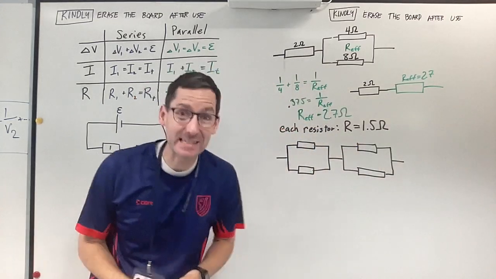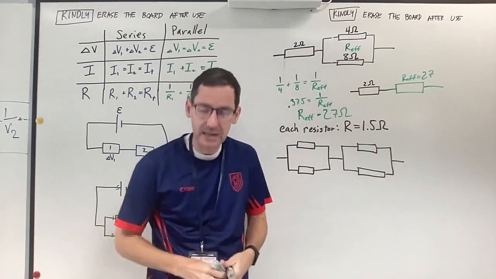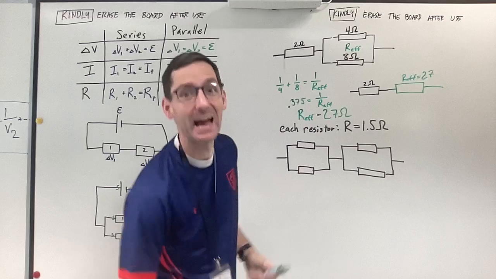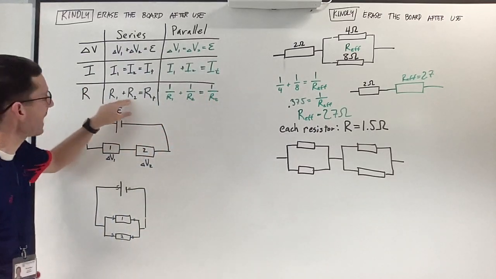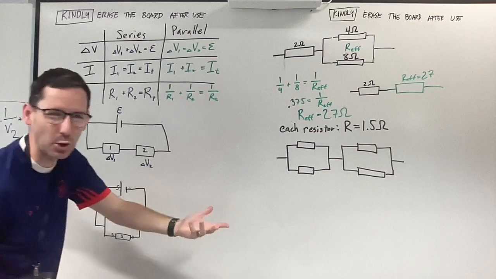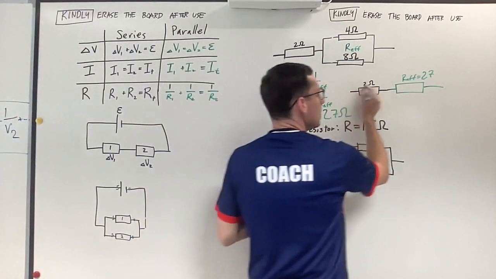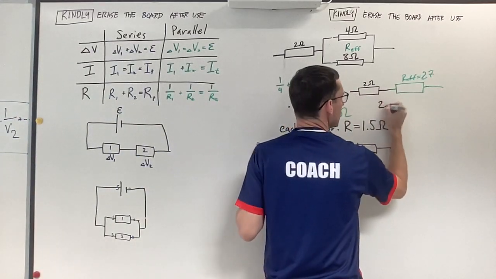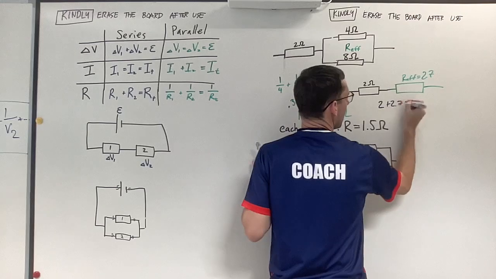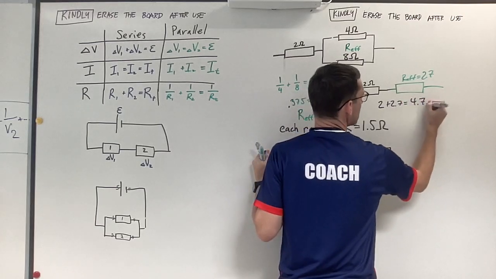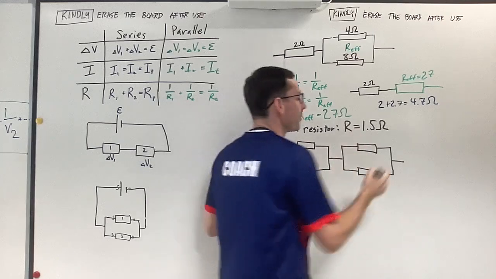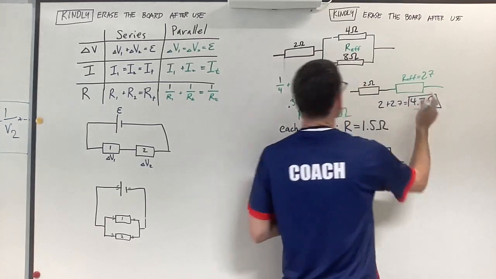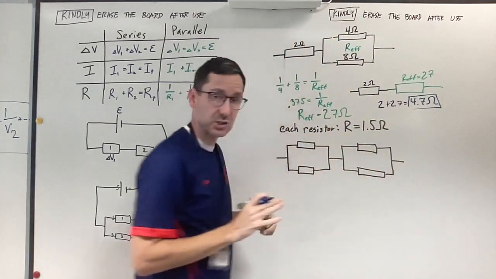And so now they're in series, and because they're in series, then all I have to do is add them together, right? When they're in series, I just add the 2 resistances to get the total. And so I'm going to take the 2 plus the 2.7, and I get 4.7 ohms. All right? And so that would be the total resistance of that circuit right there.